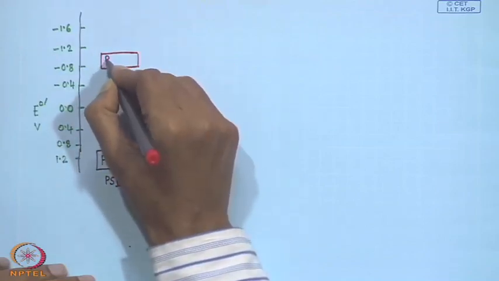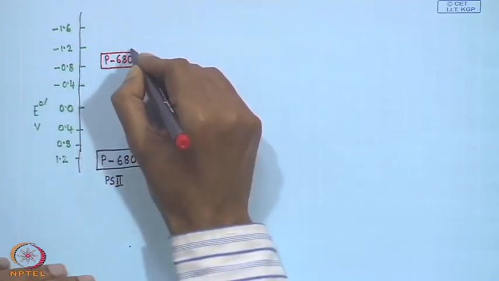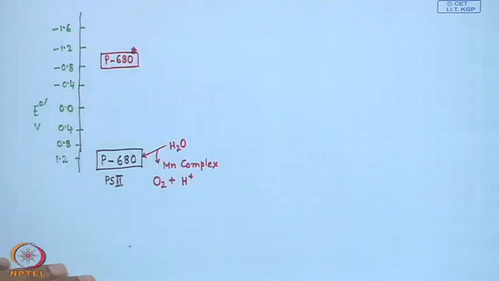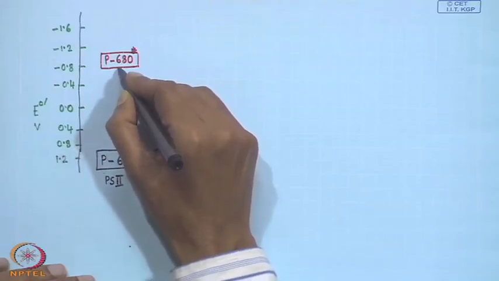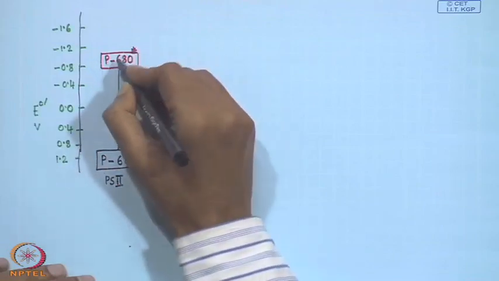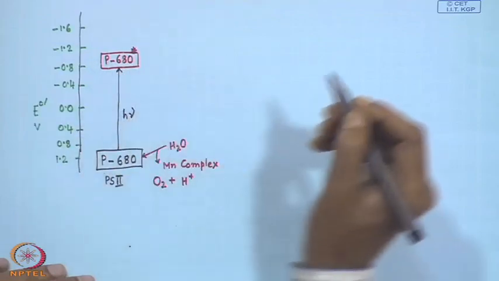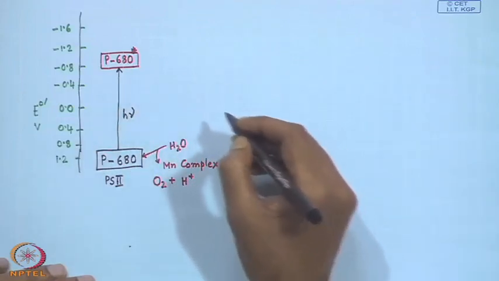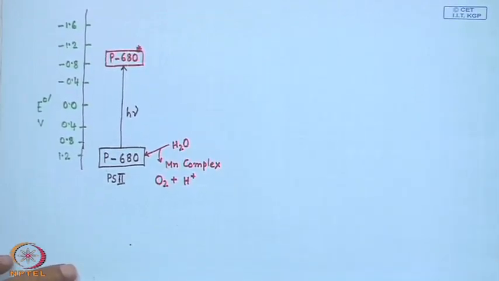And this P680, the same species, only it is excited, that means starred only. You just label it as starred, and it is absorbing the radiation here. This particular one is known as the very famous Z scheme.